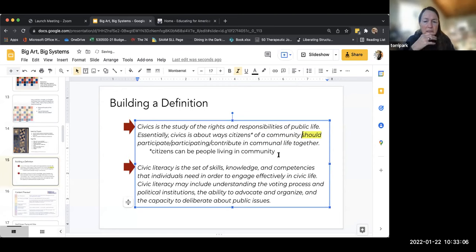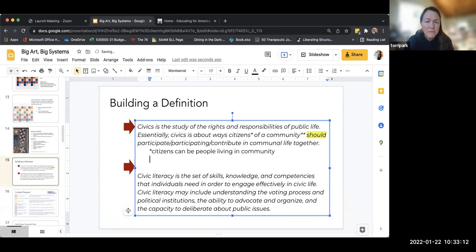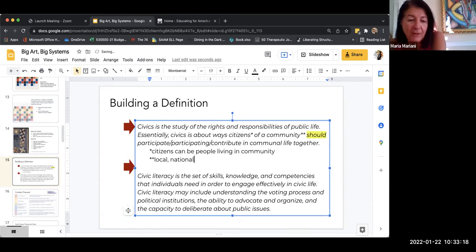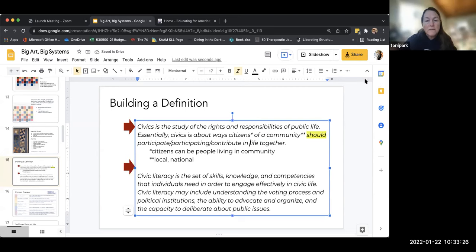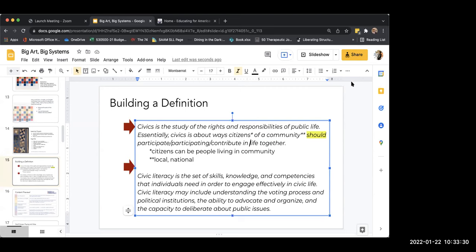So citizens of a community should participate in life together. If you put in community, then maybe remove communal, since you already have community in there. Yeah, that's lovely. Then it all ties in together.